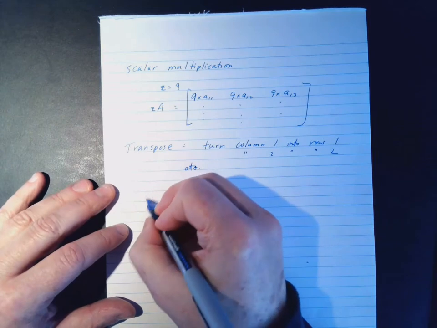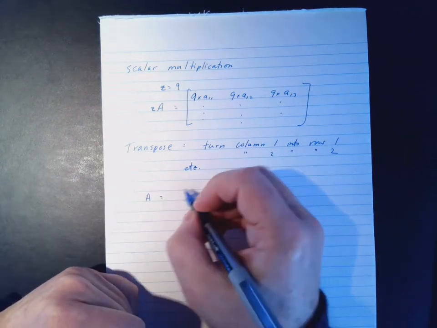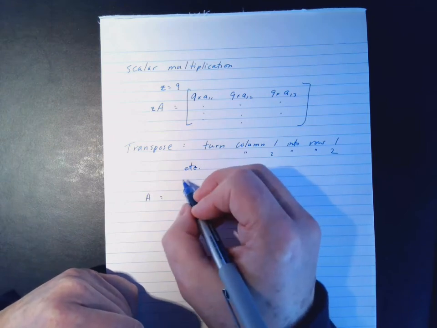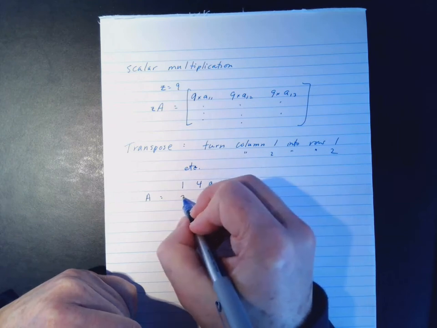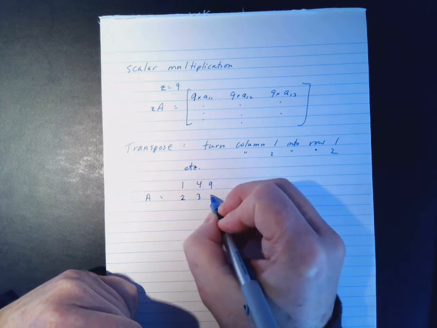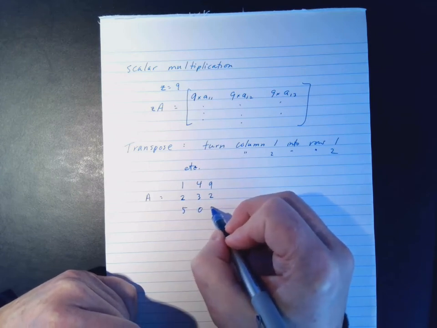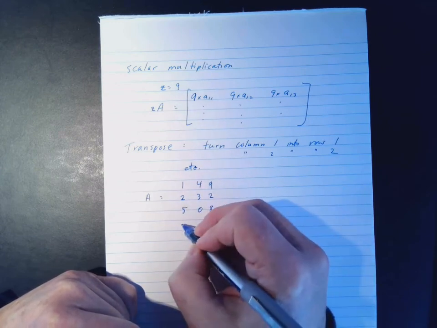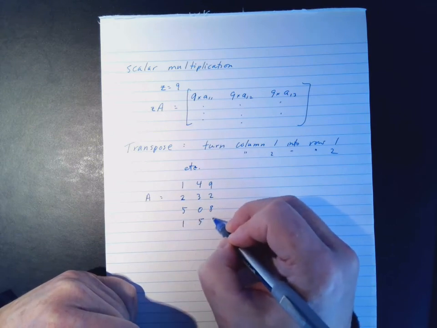All right, so I'll do this with an example rather than fuss with all the little notation. Let's say we have a matrix 1, 4, 9, 2, 3, 2, and 5, 0, 8, and 1, 5, 6.